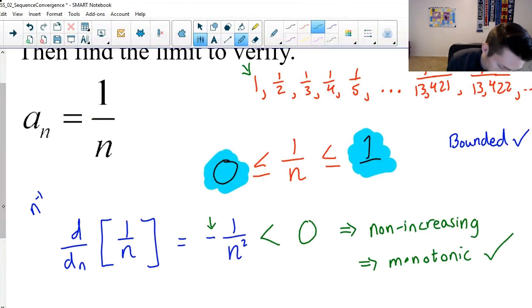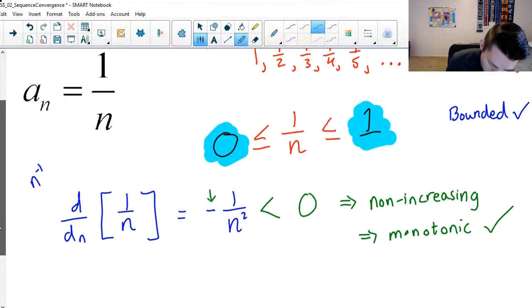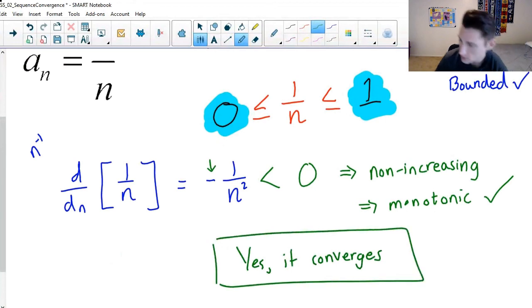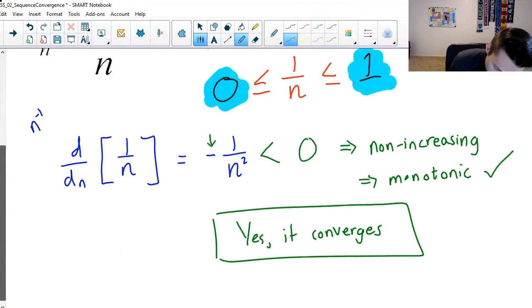So the theorem applies. We have now proved this sequence definitely does converge. We haven't proved exactly what it converges to, but we've proved that it does converge. It says to double check by actually finding the limit. This is an easy limit to take, so let's do that real quick.